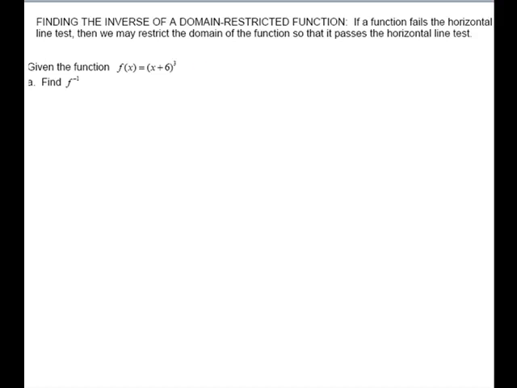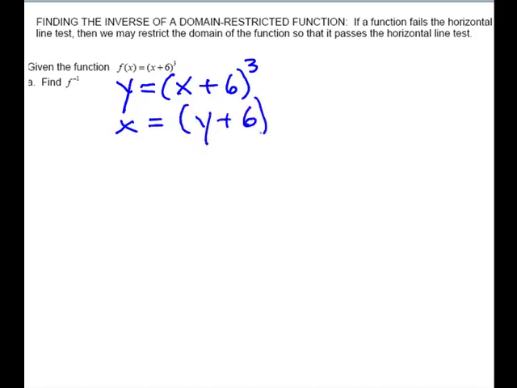There is no restriction on this one. So they want us to find f inverse. So we'll call this y equals x plus 6 to the third. Switch the x's and y's. X equals y plus 6 to the third. Right. Now we want to isolate the y, so you're going to do a cube root.